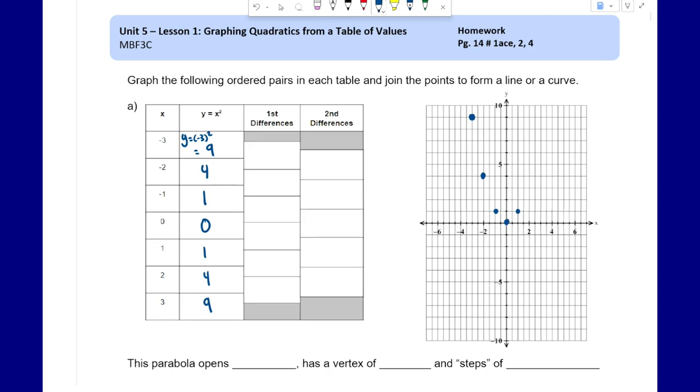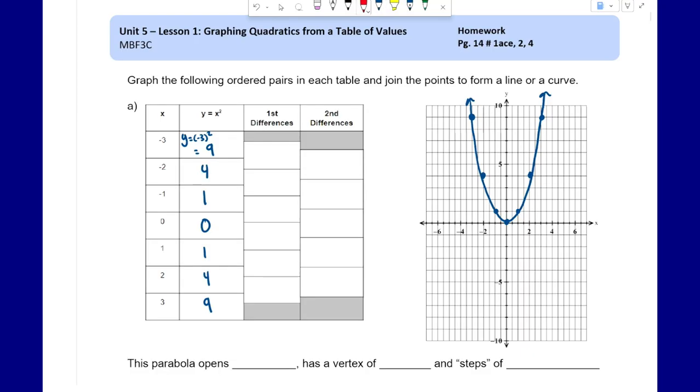And then it does repeat on the other side. So we do have a symmetrical looking graph, and then I'm going to connect those points to form a curve. So that's what my quadratic looks like.